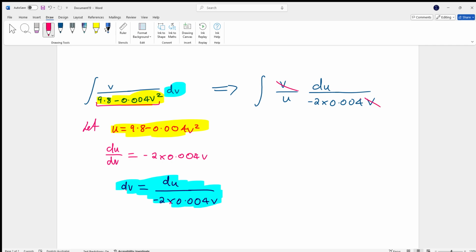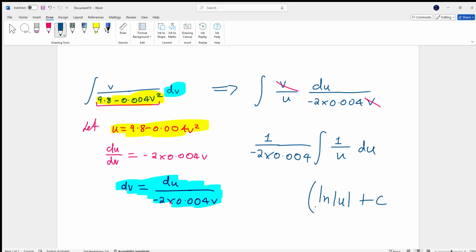The v's cancel out, and we can take this number out the front, so it's 1 over negative 2 times 0.004, and now you've got the integral of 1 over u. If you integrate 1 over u, that turns into ln of u with the absolute value, because the log cannot be negative. So ln of u plus c, times this number here.